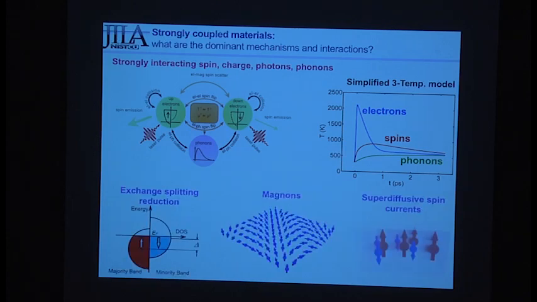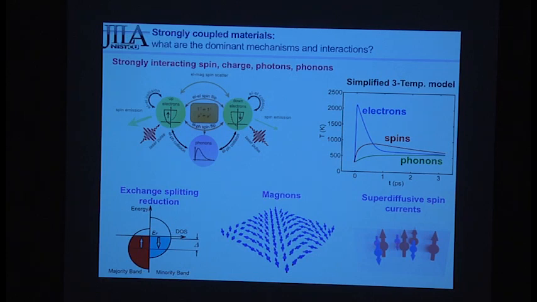I'll show that in a moment. And the type of mechanisms people were trying to distinguish between were these: you would heat the electrons, and then, because in a ferromagnetic material the spin up and spin down mean free paths were different, you could have a superdiffusive spin current that would demagnetize the material, and that was one way of losing magnetic order.